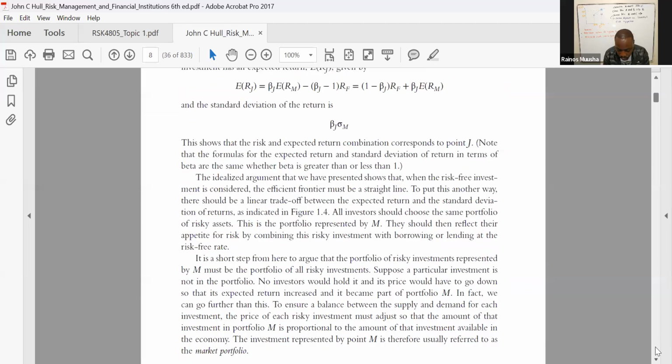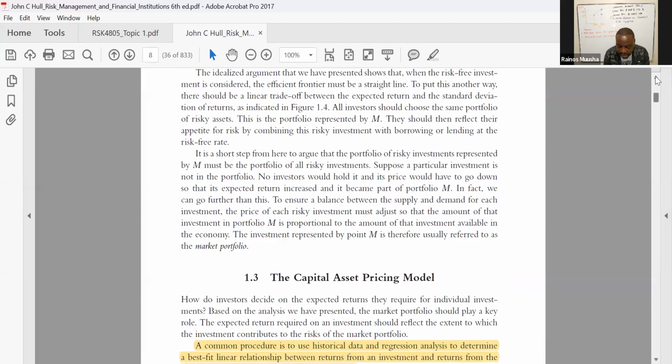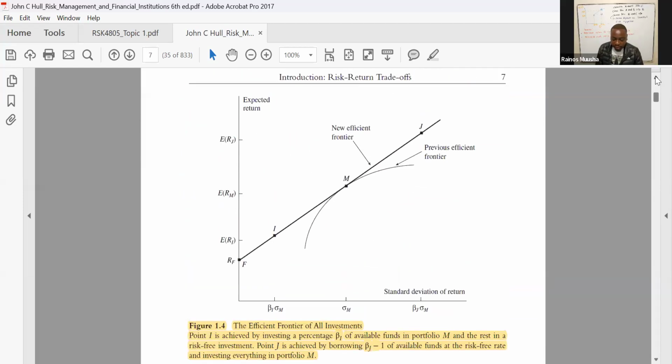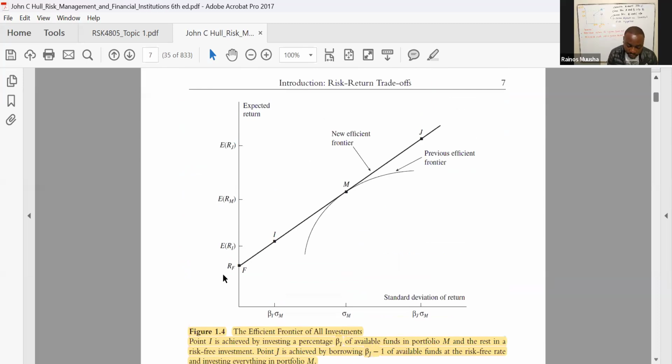Looking at this, the main idea they're trying to introduce is that if you want a new efficient frontier along this line, and want to achieve this return at this point, it means you are borrowing at a certain cost at a lower point, and then investing at a higher rate of return.